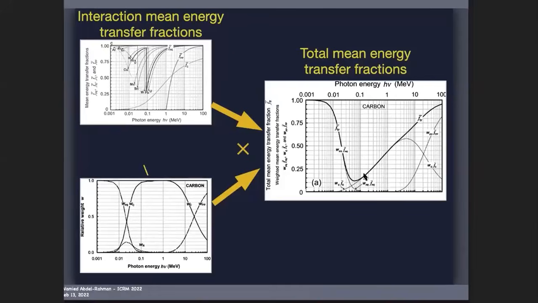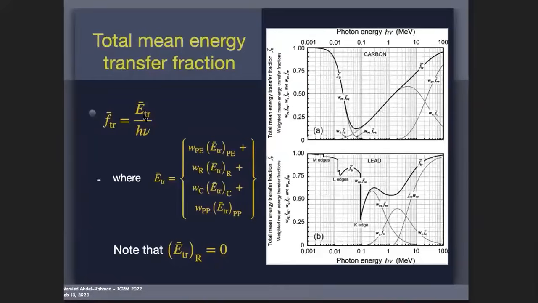So we calculate the mean energy transfer to the electrons. Using the interaction weights, we calculate the total mean energy transfer fraction for the beam in that particular medium. Note that the energy transfer for Rayleigh is always going to be 0.